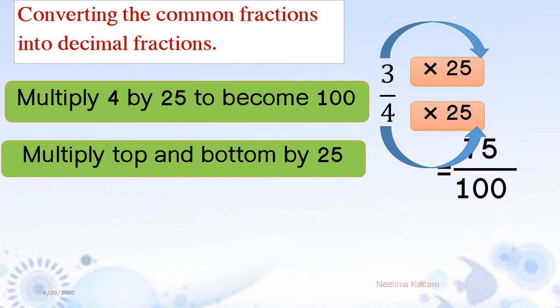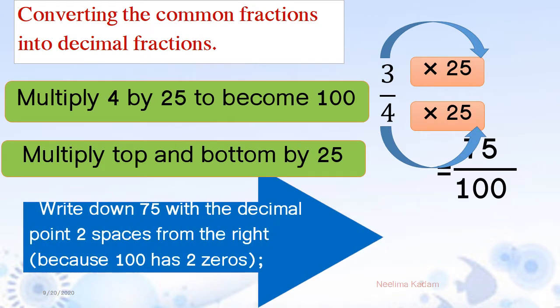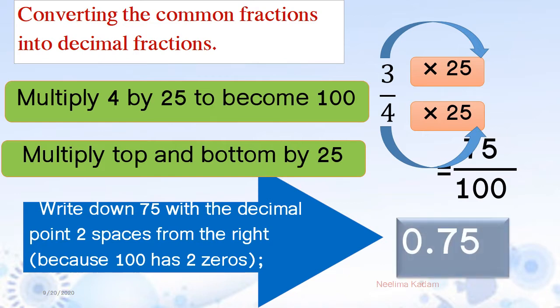Now the denominator becomes 100. Now we have to write the number with the decimal point. So write down 75 with the decimal point. In the denominator 2 zeros are there. So count 2 spaces from the right in the numerator, 1 2. Therefore the answer will be 0.75.